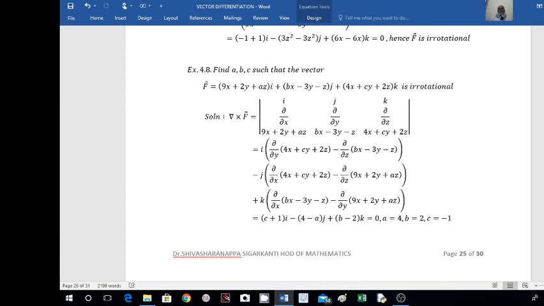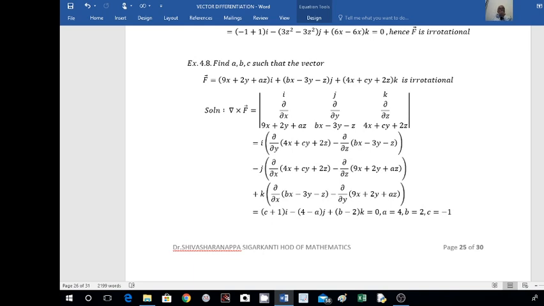Okay. Next example. Find a, b, c such that the vector f equal to (9x plus 2y plus az) i plus (bx minus 3y minus z) j plus (4x plus cy plus 2z) k is irrotational. It is given that the function f is irrotational.